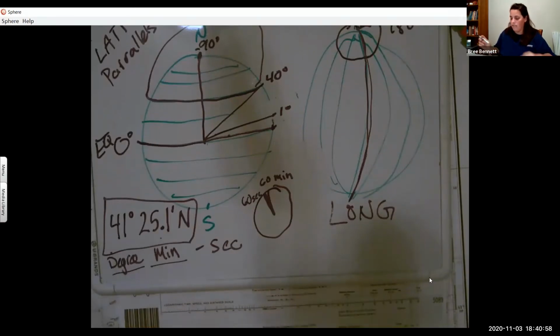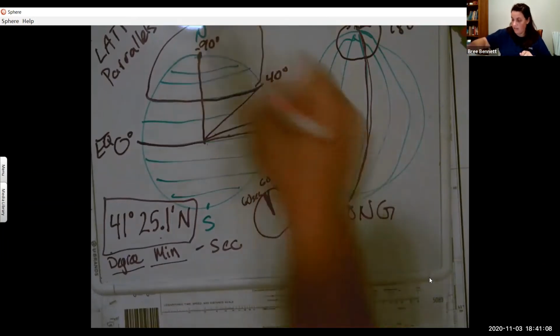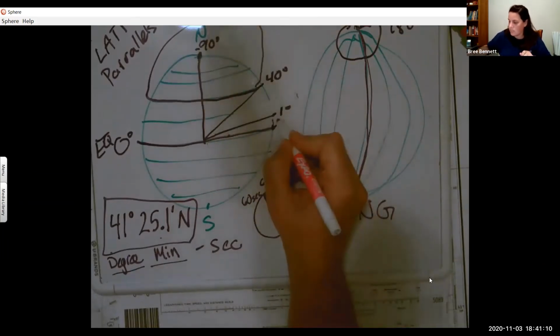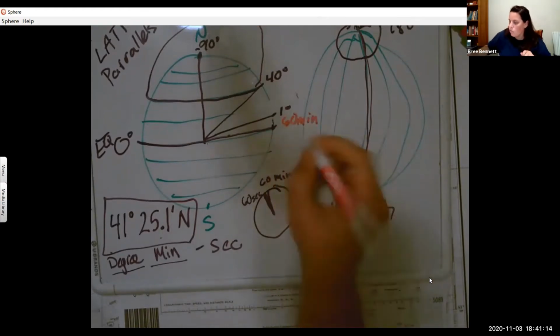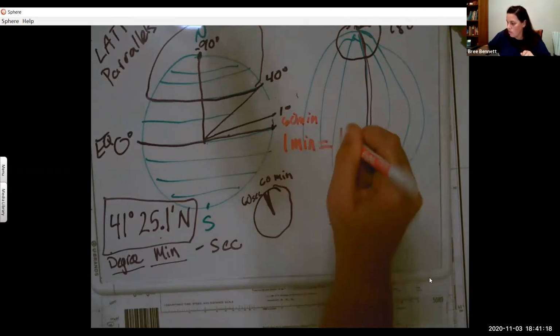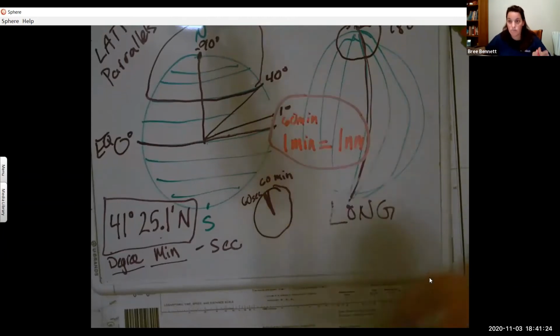So, long story short, 1 degree of our 90 degrees of the Earth is split up into 60 minutes. 1 minute is equal to 1 nautical mile. That is where the nautical mile came from, or was invented, if you will.